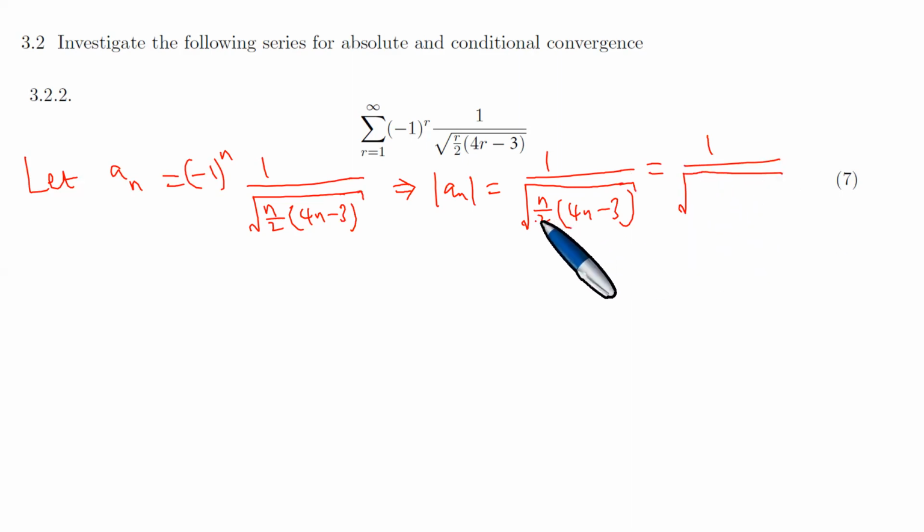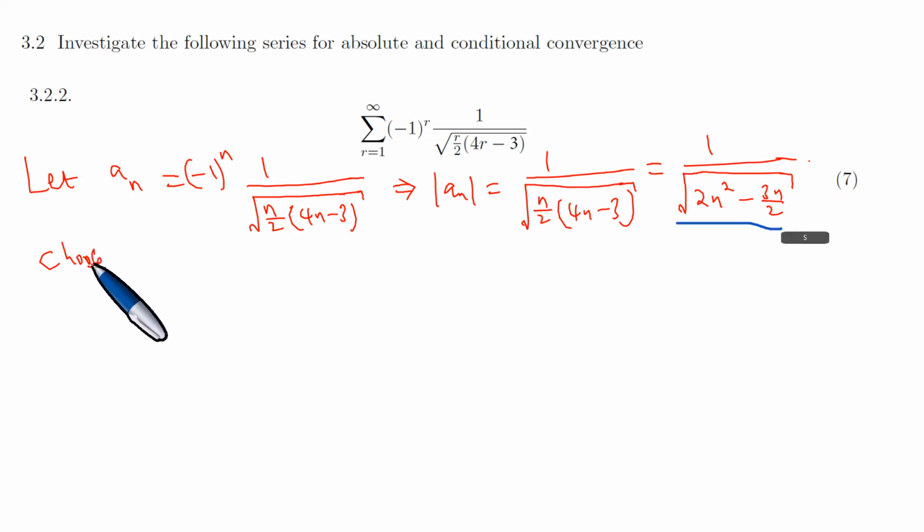You can multiply it through within the brackets and get 2n squared minus 3n over 2.